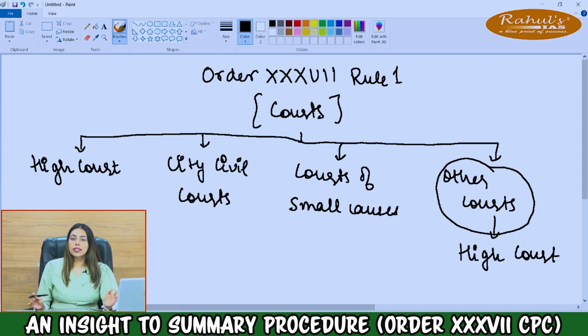Now, which cases can be taken up in summary proceedings? Firstly, it should be based upon a fixed money claim and it should be based upon some document. So the document may be hundis, bill of exchange, promissory notes. It can be any document on which fixed money claim is based.